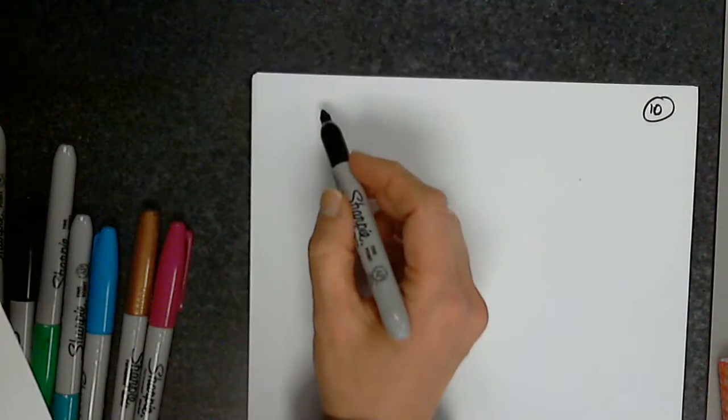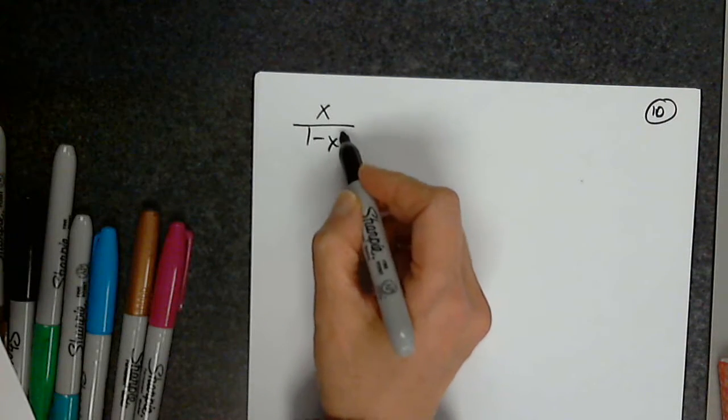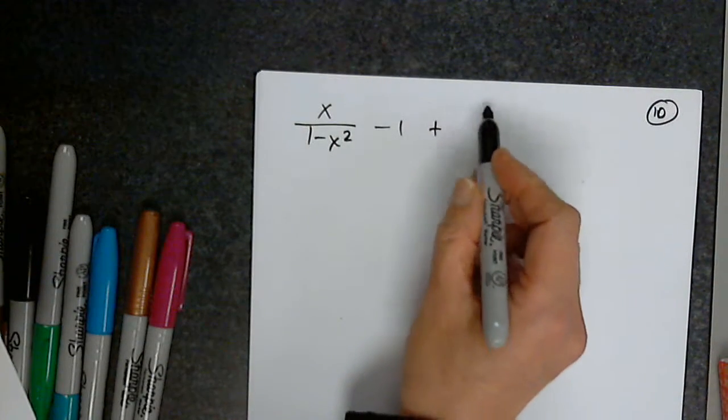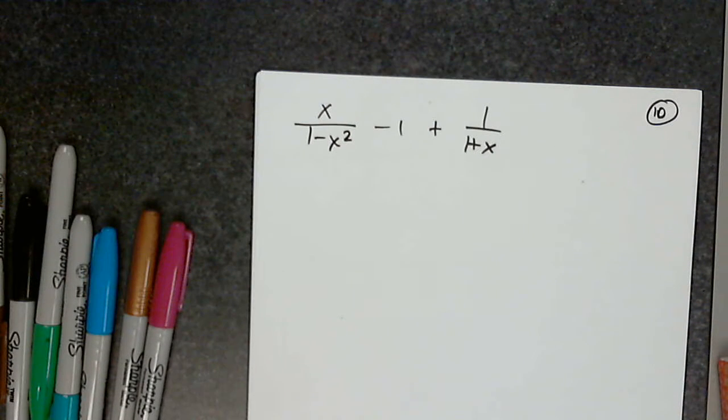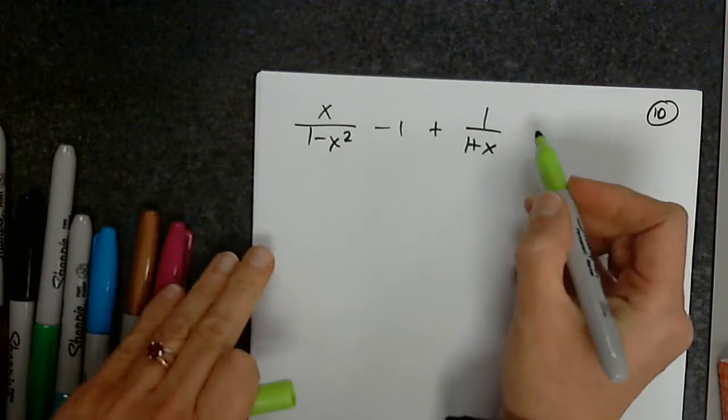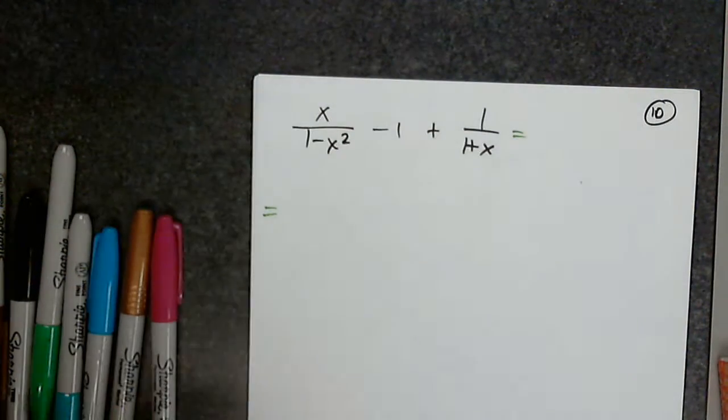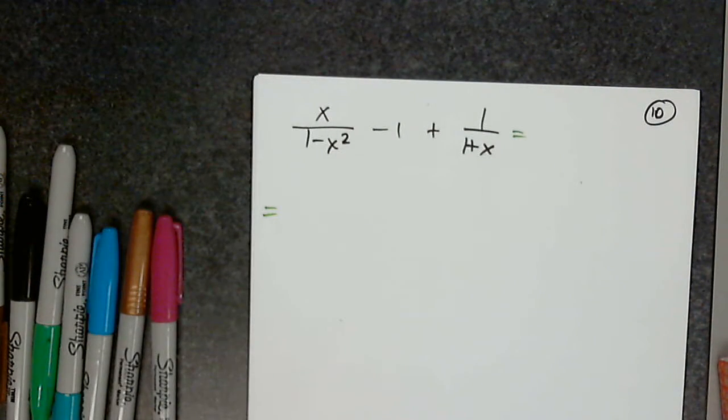Okay, so x divided by 1 minus x squared, minus 1 plus 1 over 1 plus x. You want to think about it for a minute, or you want us to start? Can we just start? Yes. Okay. I don't like the denominator of the first one.